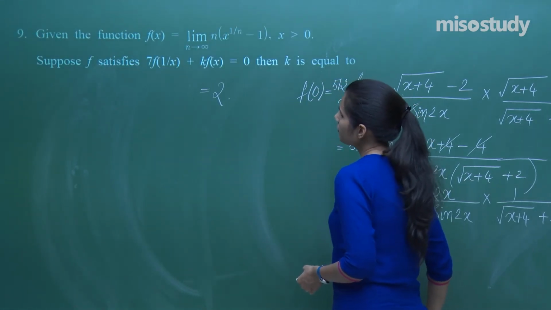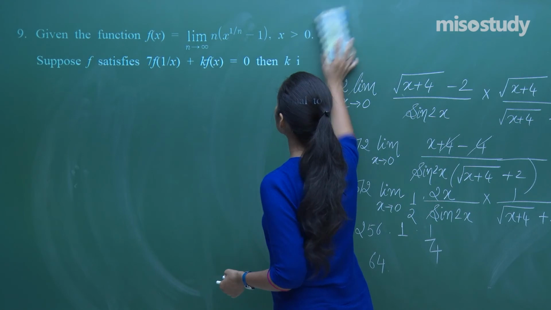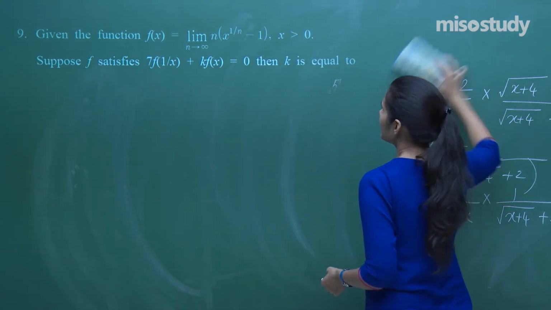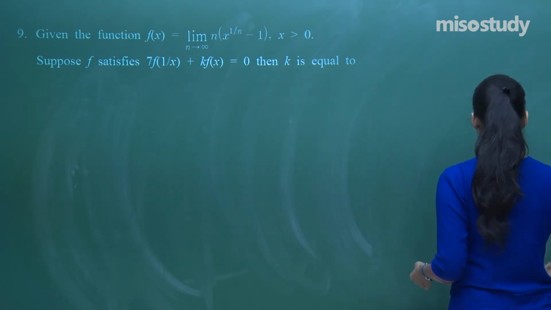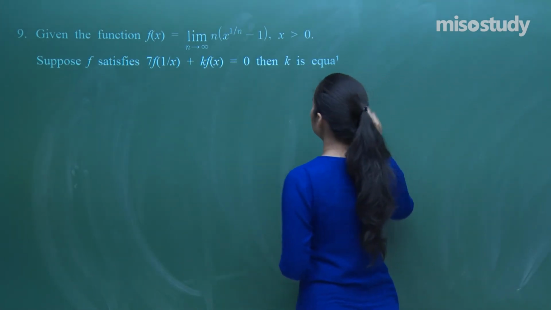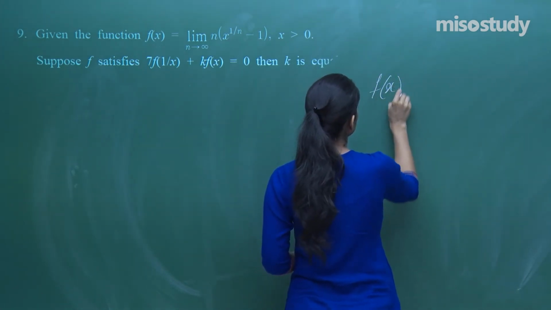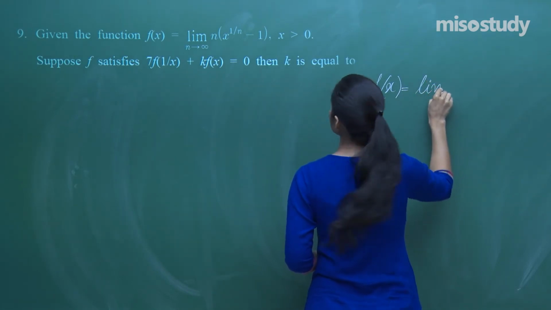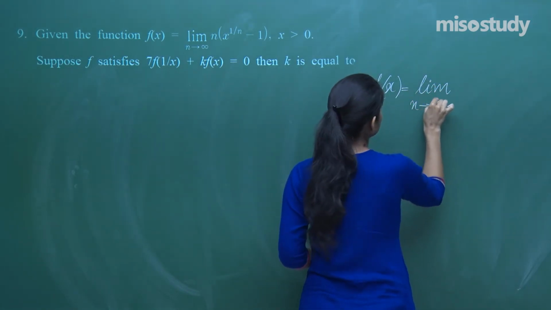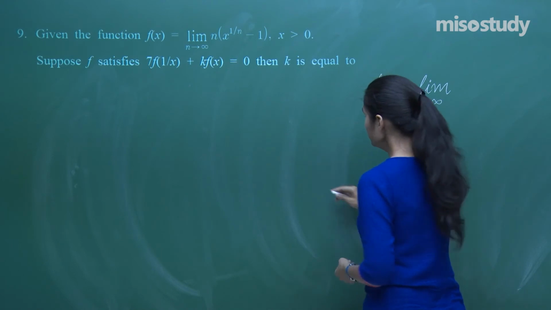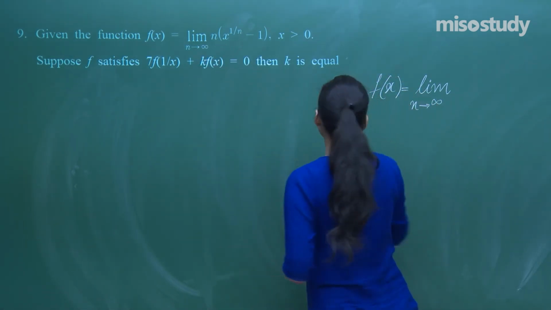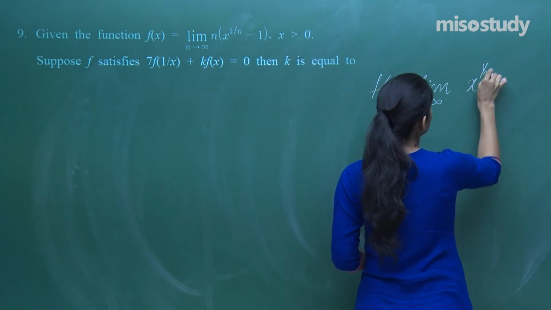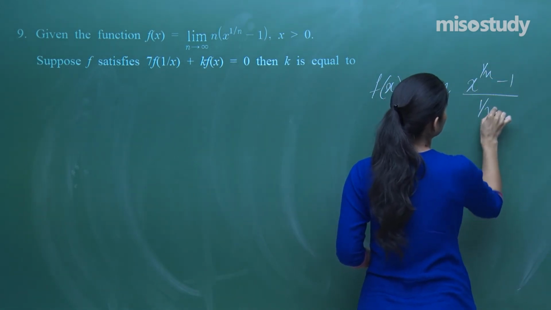Next you have given the function this, x greater than 0. Suppose f satisfies this equation, then k will be equal to what if f is satisfying this equation? So okay, let's consider f of x. This is limit n tends to infinity x to the power 1 by n minus 1 into n. I can write this alternatively as this.